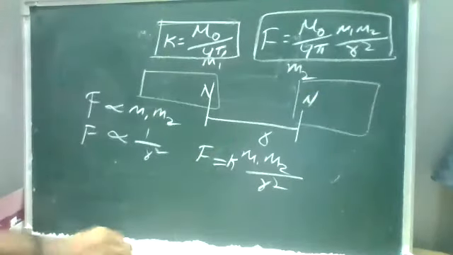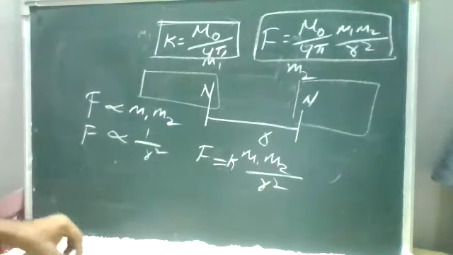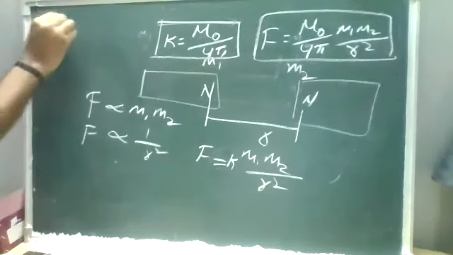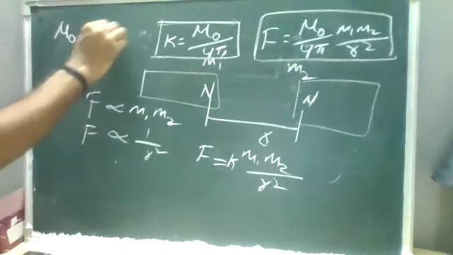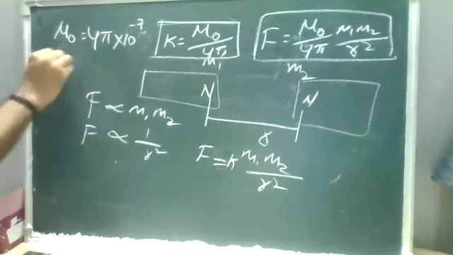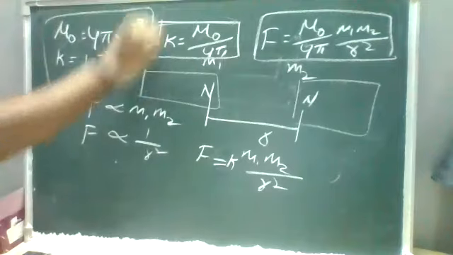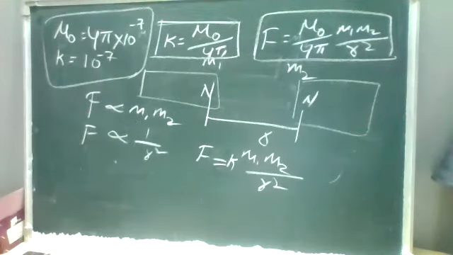This is your force relation for a bar magnet, and it is nothing but Coulomb's law. Mu naught is the permeability of free space: mu naught is equal to 4 pi into 10 power minus 7, and the K value is 10 power minus 7. These are your values for K and mu naught.